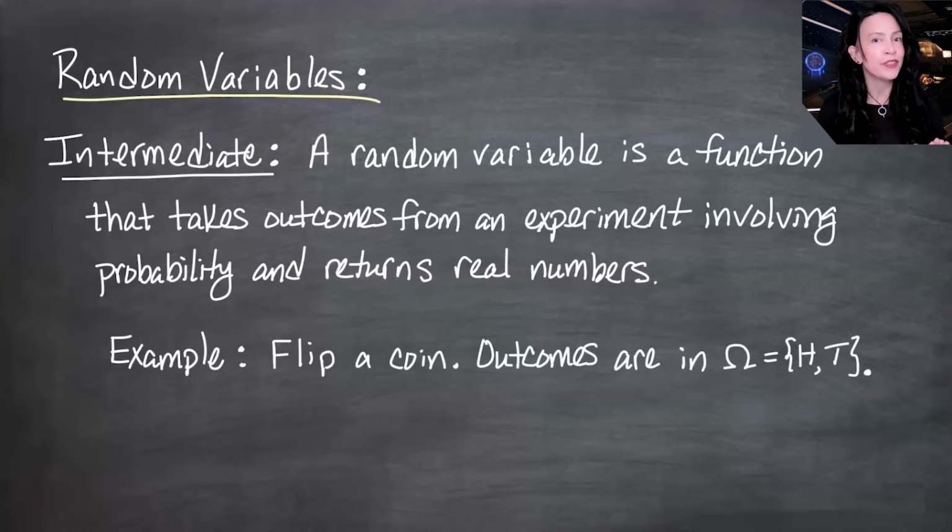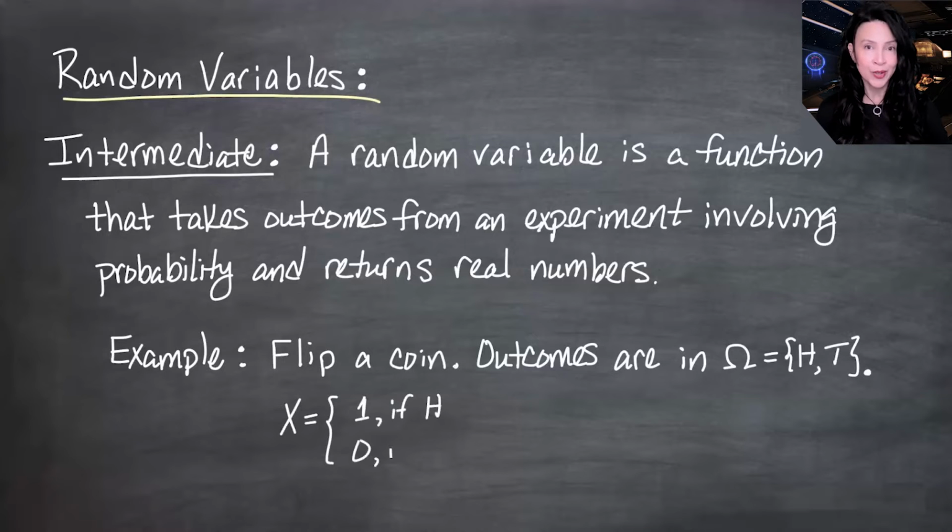Remember, we're before measure theoretic probability here, so we don't have a probability space, but a set of possible outcomes, a sample space omega, consisting of heads and tails, and we might define a random variable capital X to be 1 if we get heads on the coin, and 0 if we get tails. So this is a function of the elements in omega, which gives us some real numbers, not very many, but some of them.